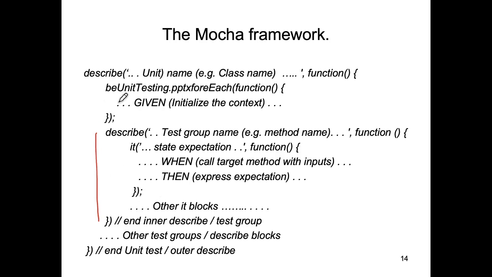This code executes yet again. The code inside the next third it block executes, and on it goes. So the code that you put inside the before each, that executes before each it block.